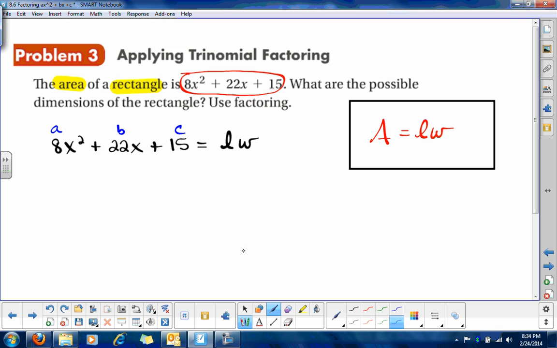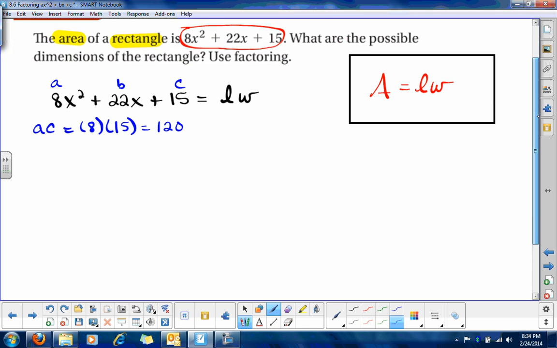So we have A times C, which is 8 times 15, and that is equal to 120. So now we're going to find the factors of 120.